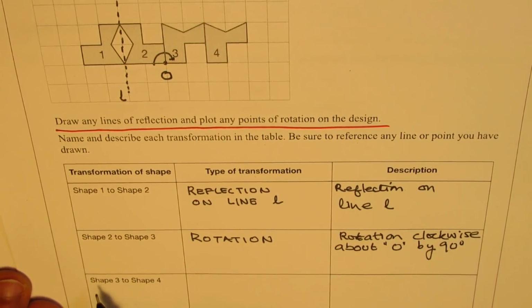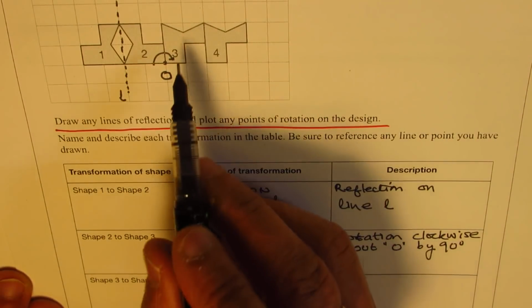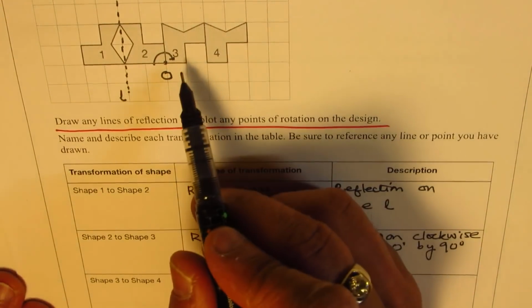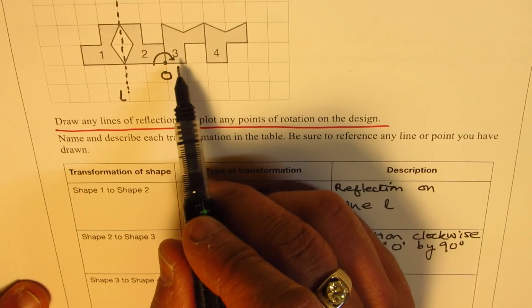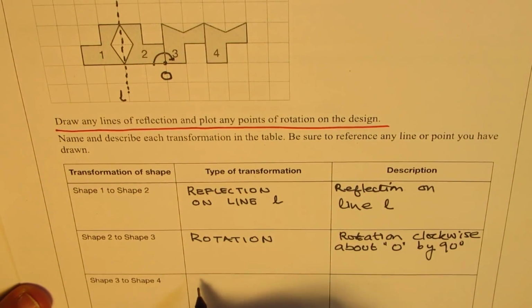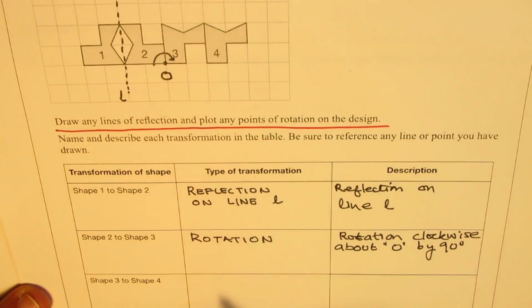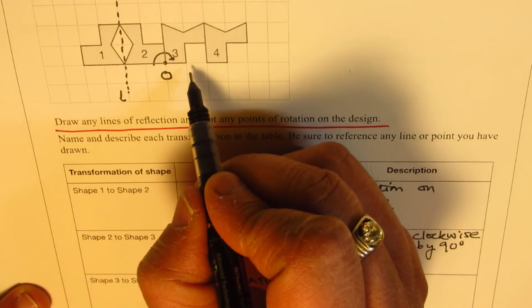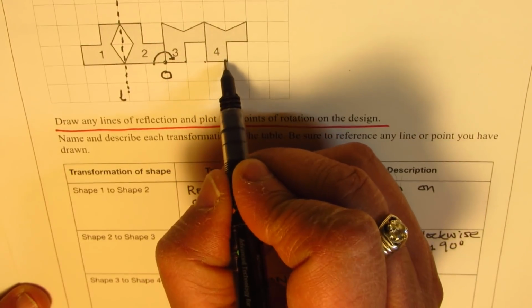Perfect. Now let's look into shape 3 and 4. How are shape 3 and 4 related? That seems to be a translation, right? So you could just translate from 3 to 4. Because it is the exactly same shape, it is translation. By how many units? Well, this portion here moves by 1, 2 units, right?